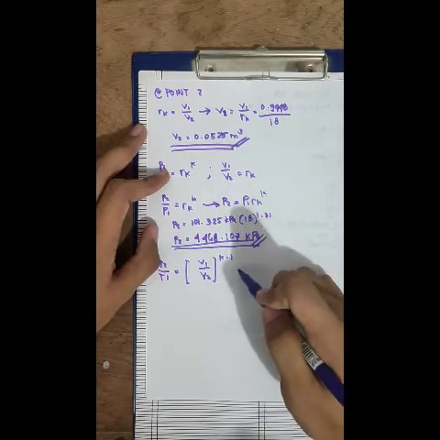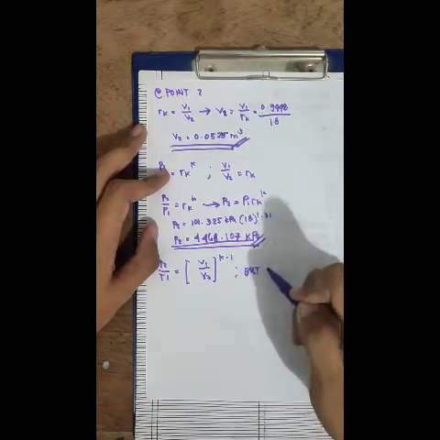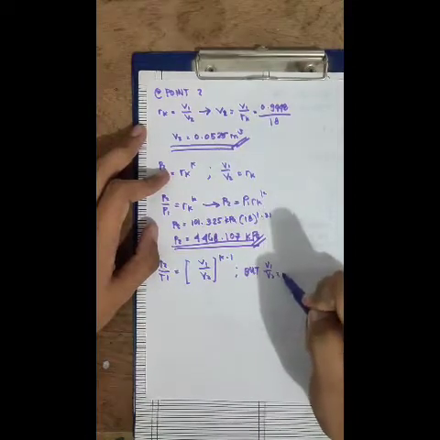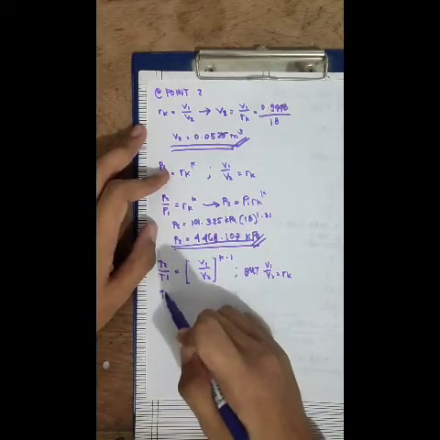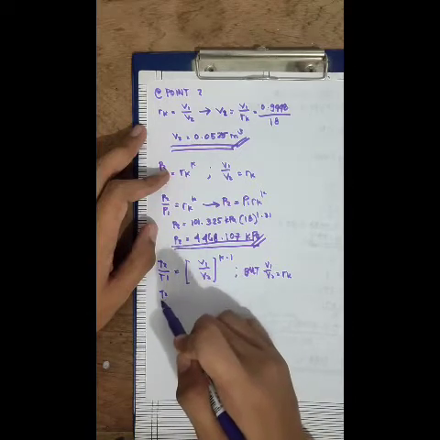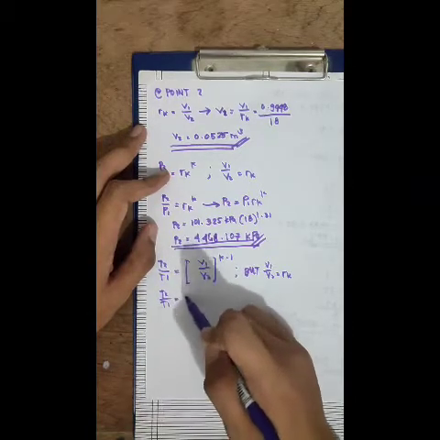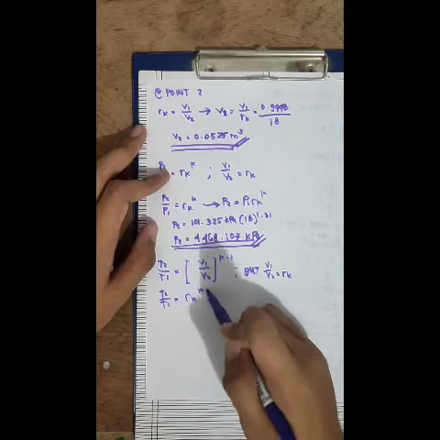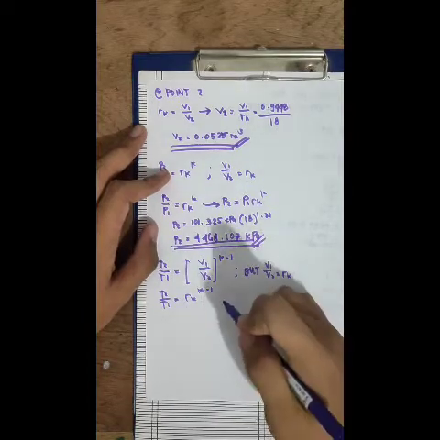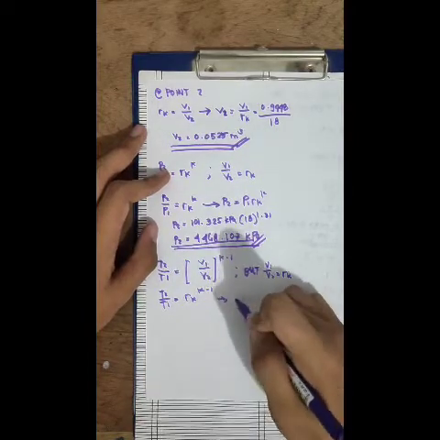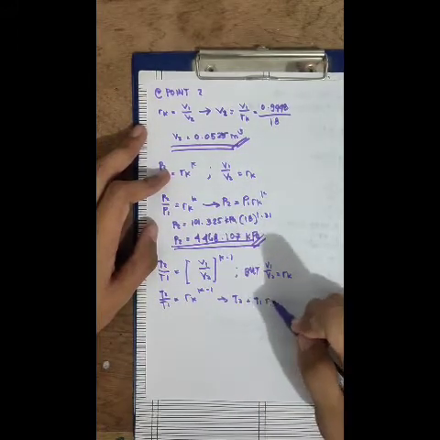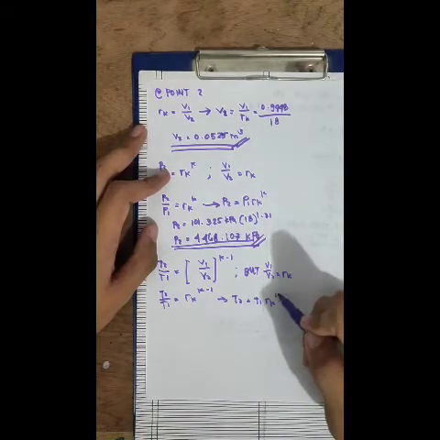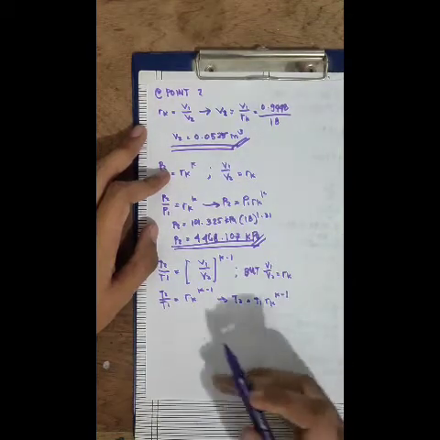But V1 over V2 is equal to RK, so T2 over T1 is equal to RK raised to K minus 1. From this equation, T2 is equal to T1 times RK raised to K minus 1.